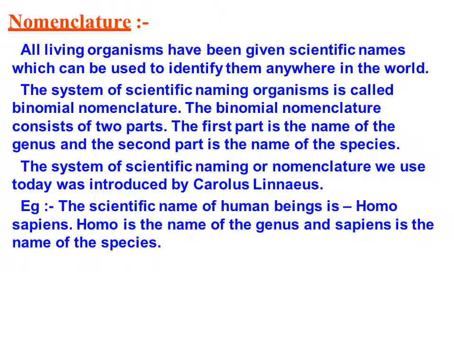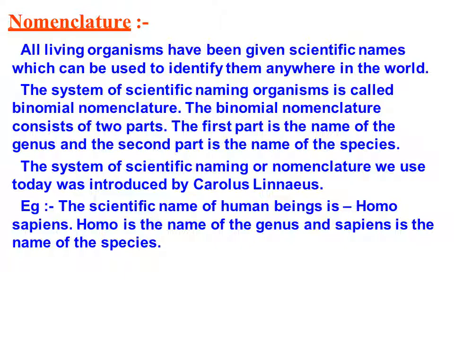So Homo is the genus, and sapiens is the species. Another example is the scientific name of the snake, king cobra. We call it Naja. We have lion also, tiger also, Panthera leo, Panthera tigris. So various animals have different scientific names by which they are known.